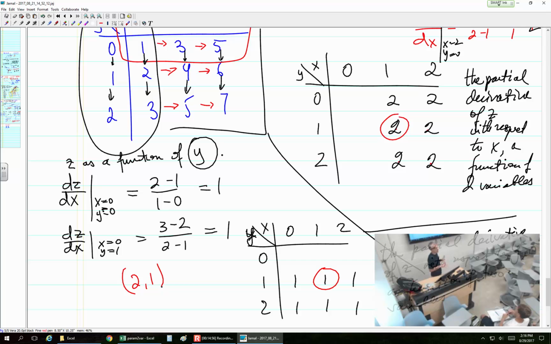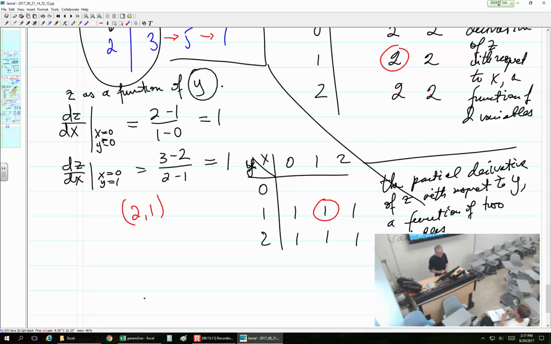It's linear. The function is linear, and in the meantime, its derivatives are what? Constant. It's very much like in calculus 1. So the function is linear.